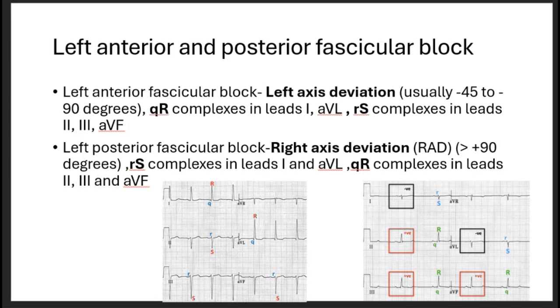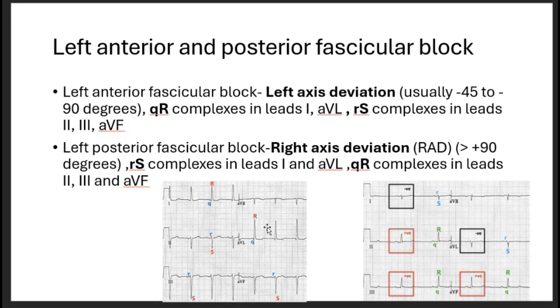This is hard to remember, but if you know this, it will be much easier to spot than just relying on left axis deviation. So if you see left axis deviation and the QRS complex is normal or slightly prolonged, like 0.12, then suspect the left anterior fascicular block or hemiblock.